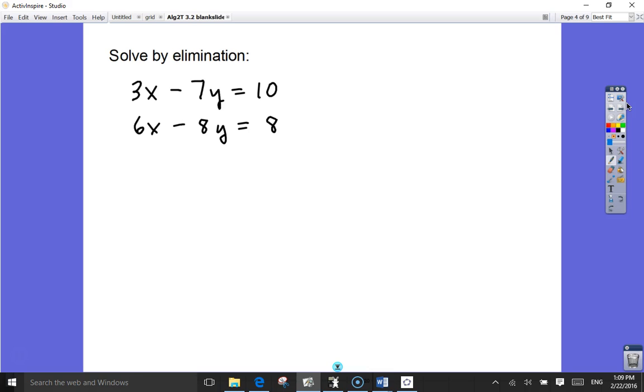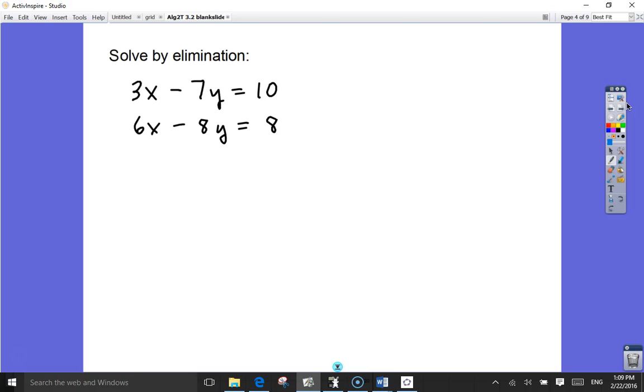No. What could I multiply by one of these equations? So you could multiply the first one by 2. Okay, what would that look like after I multiplied by 2? Okay, 6x minus 14y equals 20, right? And then what are you going to do to cancel a variable?